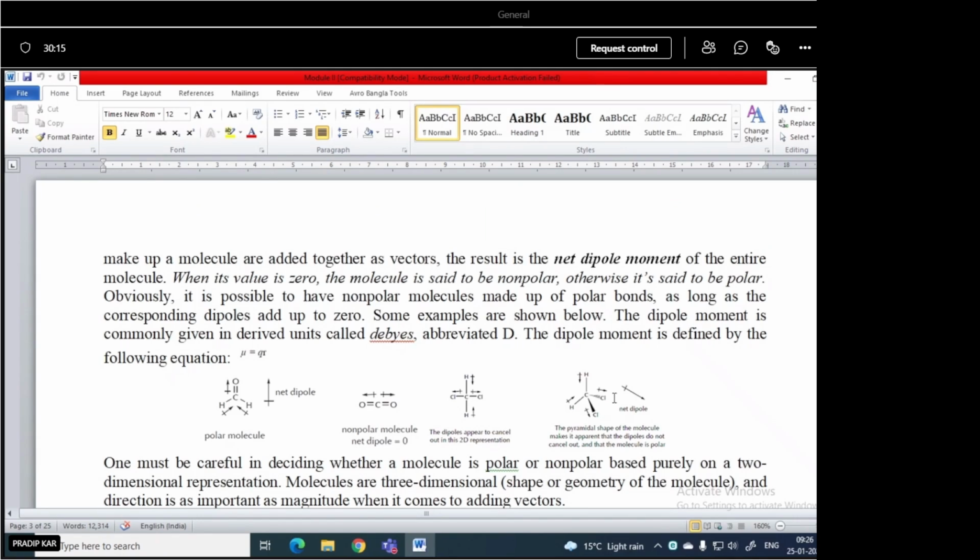It is a tetrahedral compound. In case of a tetrahedral compound, the vectors are not just opposite, and that is why there is a net dipole moment. Rather, it is having a strong net dipole moment. It is not 0.